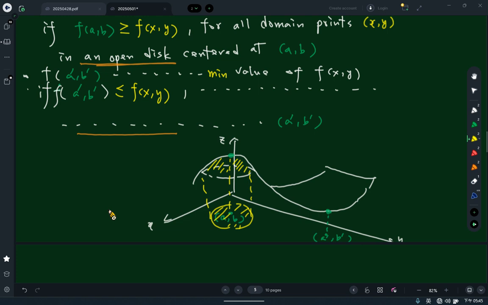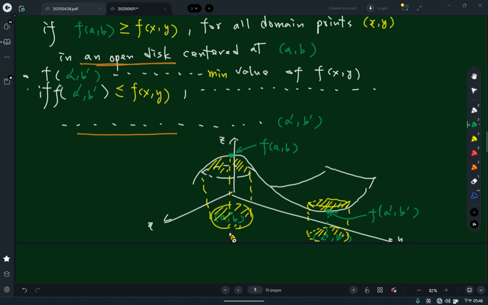So similarly, if you want a point that provides the minimum value, using (a', b') as a center, you can always find a disk, then map it to the surface. You can find the function value here is f of (a', b'). This is f of (a, b).